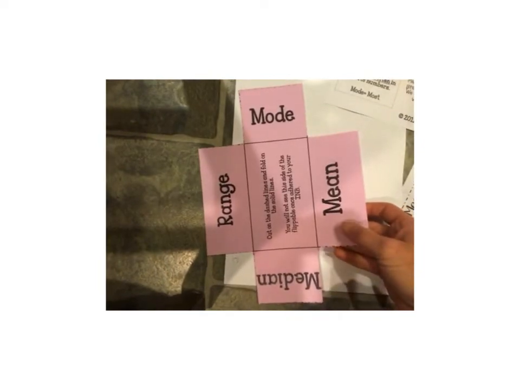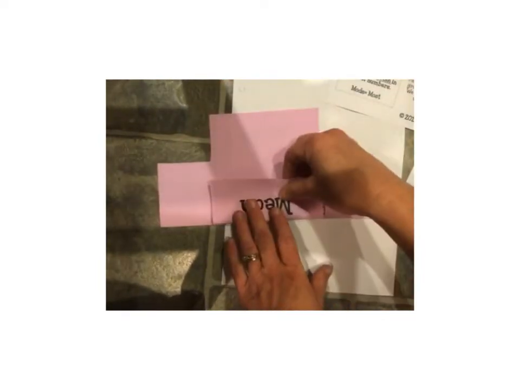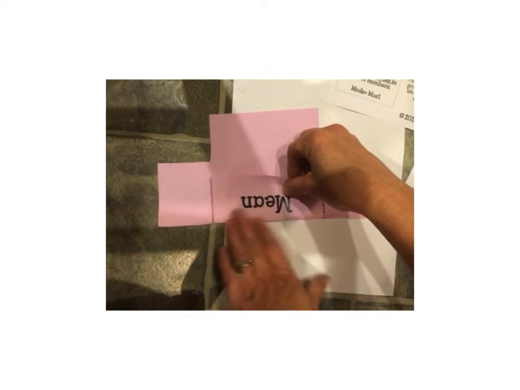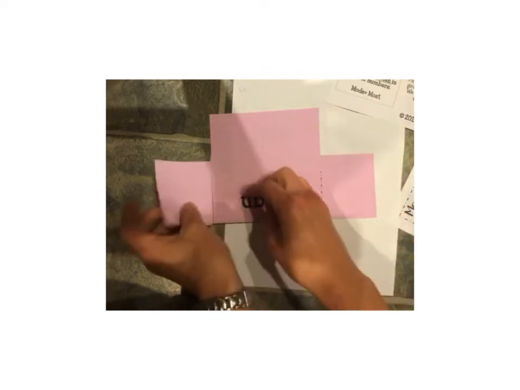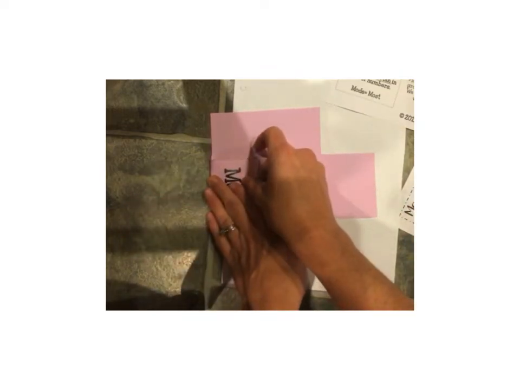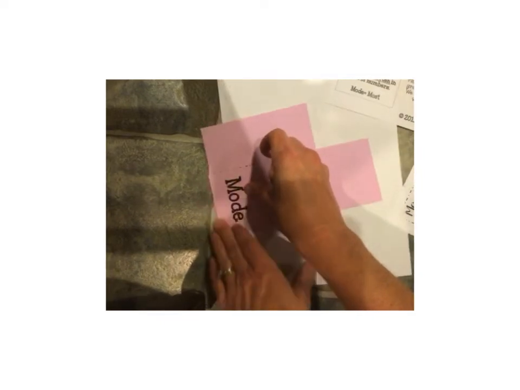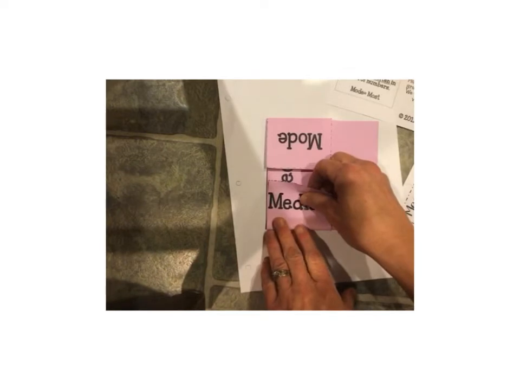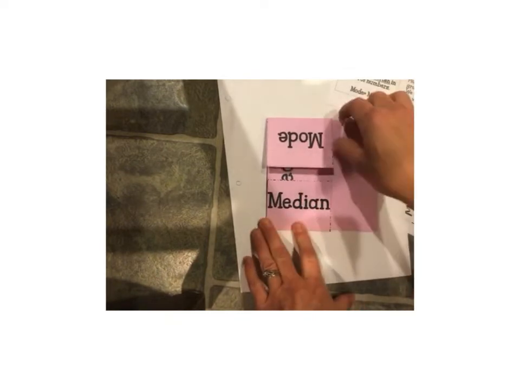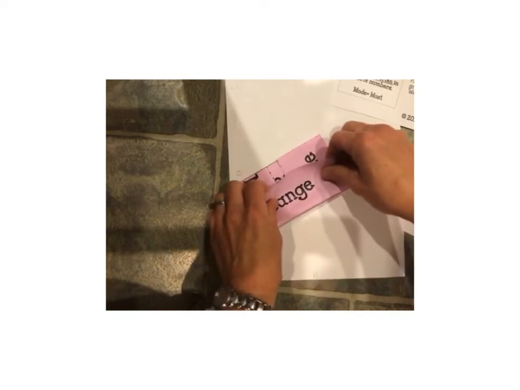I'm going to flip it over so that I can't see the words, and I'm going to fold all 4 sides in. It doesn't really matter which ones I fold in first or second. I just need to fold all 4 of them in. They're obviously going to overlap, which isn't the end of the world.